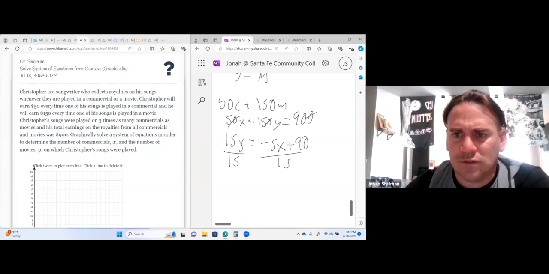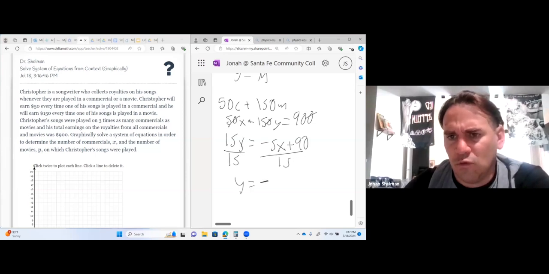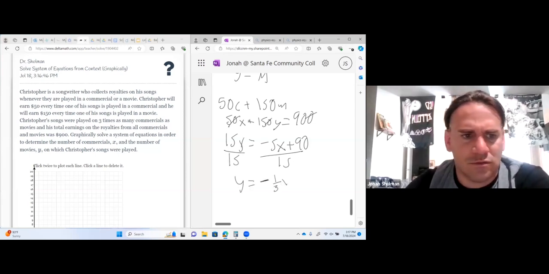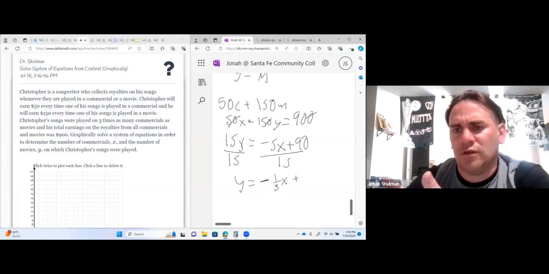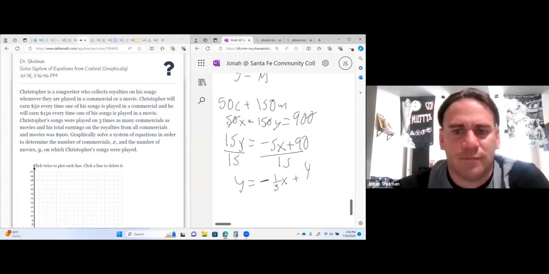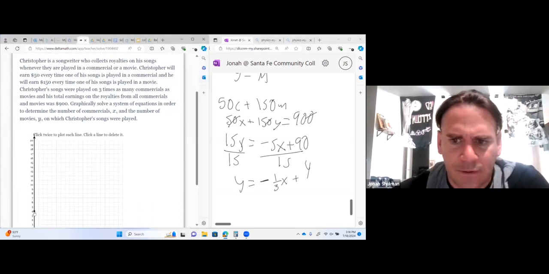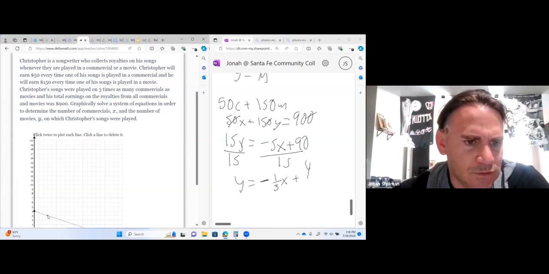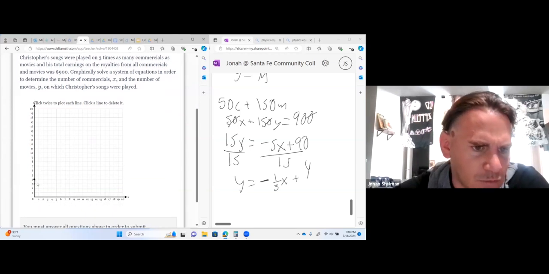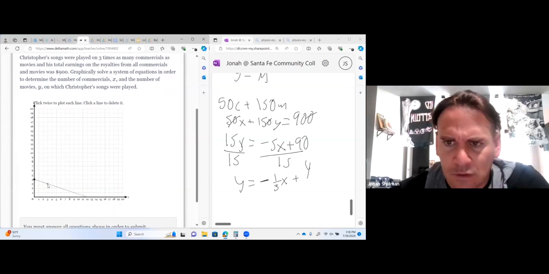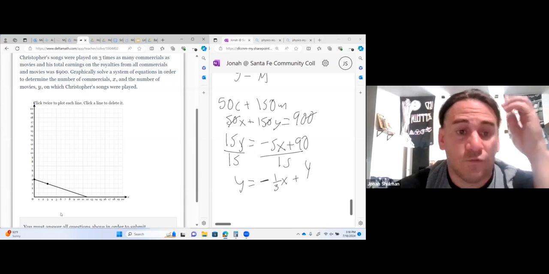Y equals negative 1/3 x plus 6. So we're starting at 6. And we're going to go down 1 over 1, 2, 3. Let's see what the key is on the bottom. Yeah, sweet. Down 1, over 1, 2, 3. So there it is. So there's the first one.